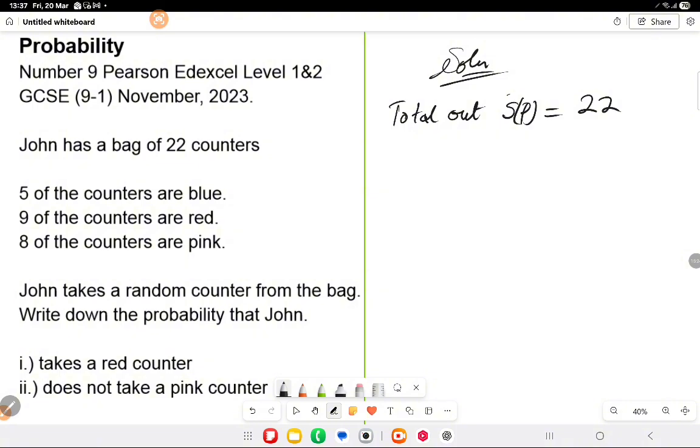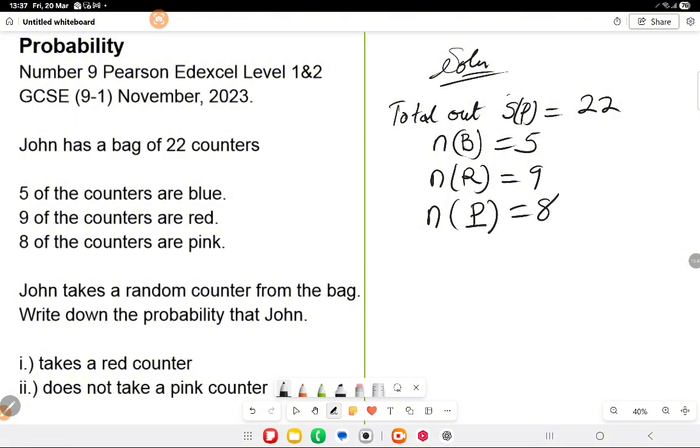Then the counters that are blue are denoted by NB, which is equal to 5. Counters that are red, NR, is 9. And counters that are pink, NP, is equal to 8.